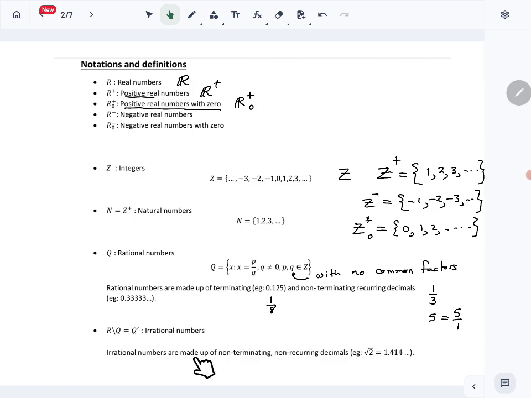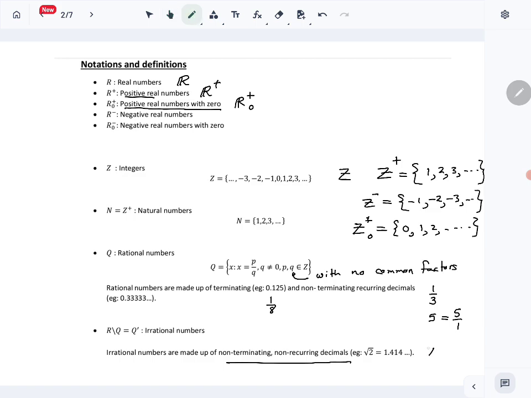So irrational numbers are what? Non-terminating, non-recurring decimals. You can think of irrational numbers as non-terminating, non-recurring decimals. So an example is square root 2. There's no pattern for this decimal. There's no pattern in the next digits. That is, there are no recurring decimals, and it doesn't stop. So these types of decimals are called irrational numbers.